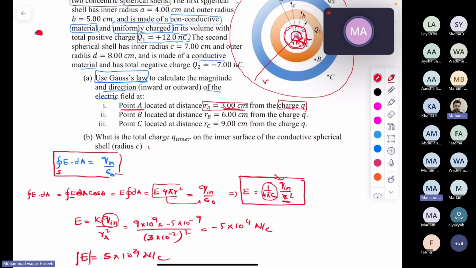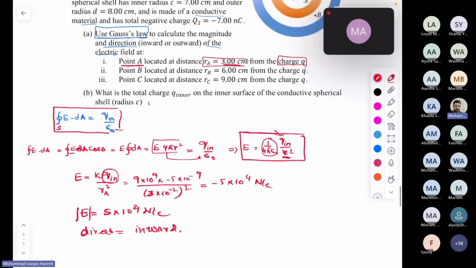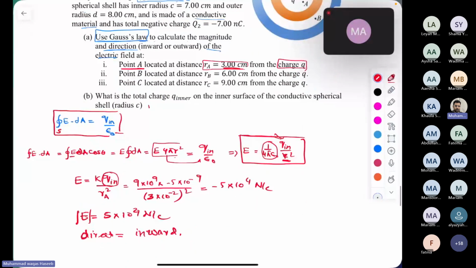Isn't it plus 12? No. This charge is Q, which is negative 5. Okay, thank you very much. Okay, let me erase this. So the electric field at this point is in the inward direction, and it has this magnitude.